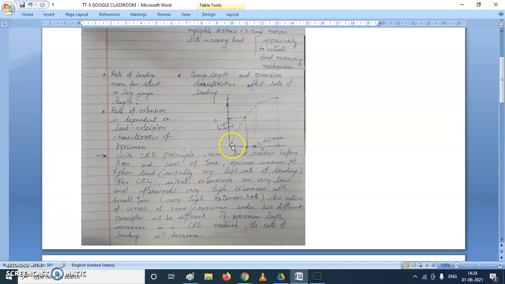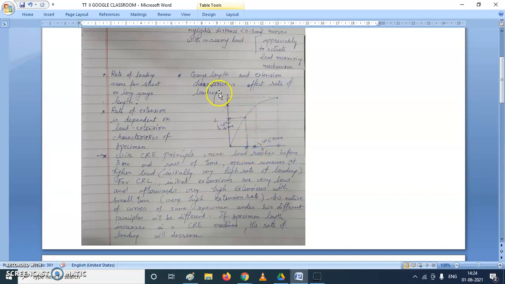Suppose this is your load extension curve of the general fiber, this is your load axis, this is your extension axis. Now, if we are measuring on CRE principle, then the half time will be here. Half extension, half time. Now, at half extension, what load? Approximately 80% of the load is there for producing 50% of extension.